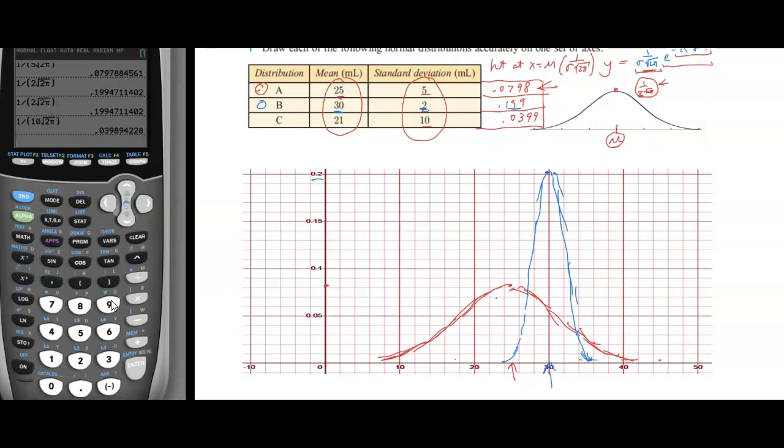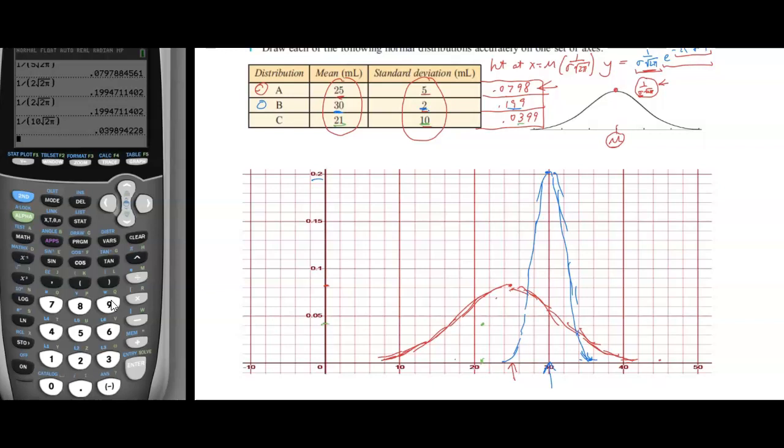Okay, so there's my blue B function. Very tall and narrow. Okay, so now let's do my green C distribution, which is centered at 21. And its height is 0.0399, which is about 0.04. 0.04 would be right there. So it would be there, and its standard deviation is 10.